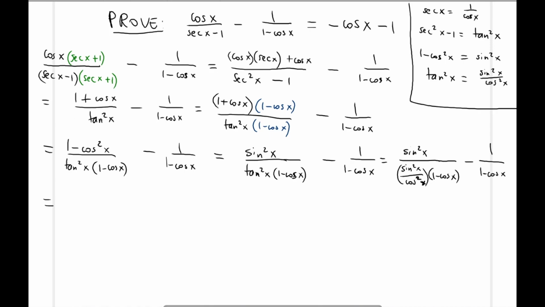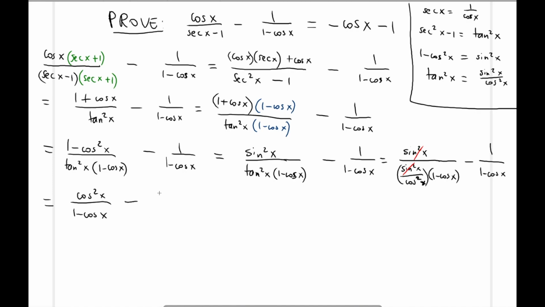Again, notice that the tan squared x, the sine squared x cancels out, and the cosine squared x was the denominator of a large denominator, which means that the cosine squared will take the place of that big numerator there, right? So cosine squared x goes on the top of this big fraction, right? And then on the bottom you have nothing else but 1 minus cosine.